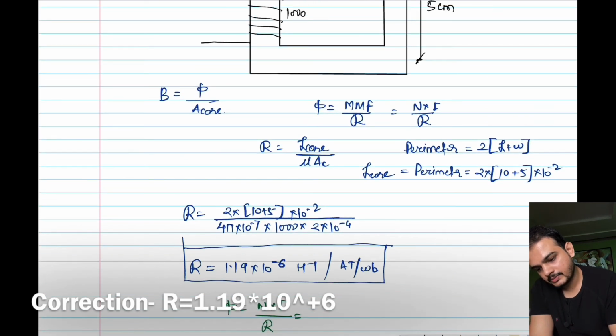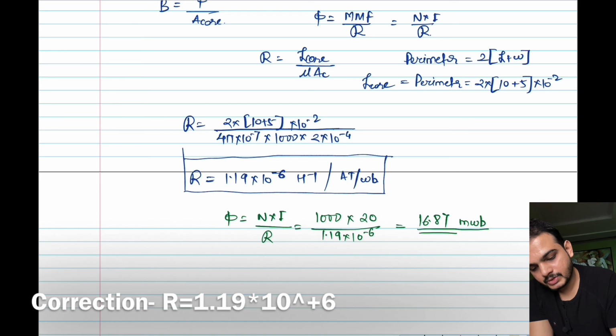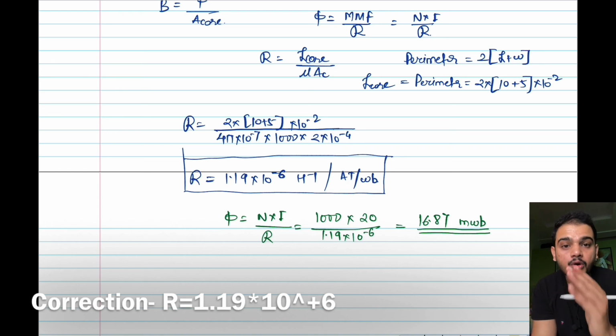Number of turns is 1000, into current 20 ampere, divided by reluctance 1.19 into 10 to the power minus 6. We will get the flux value as 16.87 milliweber. So 16.87 milliweber flux is established in our rectangular core material.